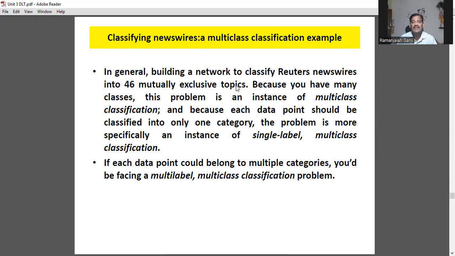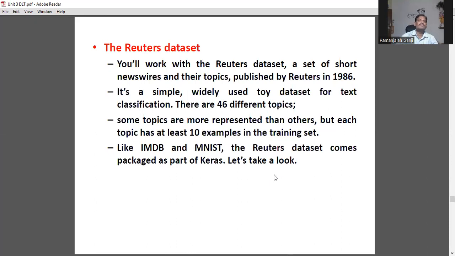Because you have many classes, this problem is an instance of multiclass classification. And because each data point should be classified into one category, it is more specifically an instance of single-label multiclass classification. If each data point could belong to multiple categories, you would be facing a multi-label multiclass classification problem.